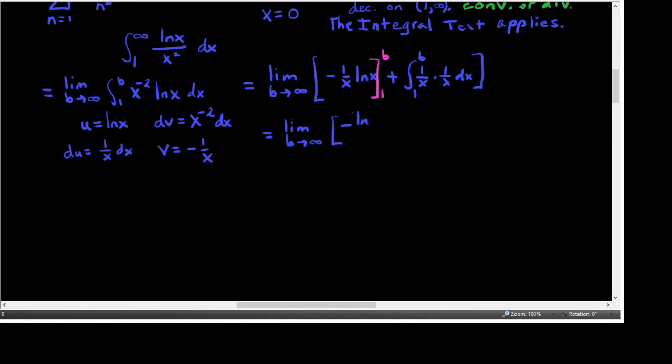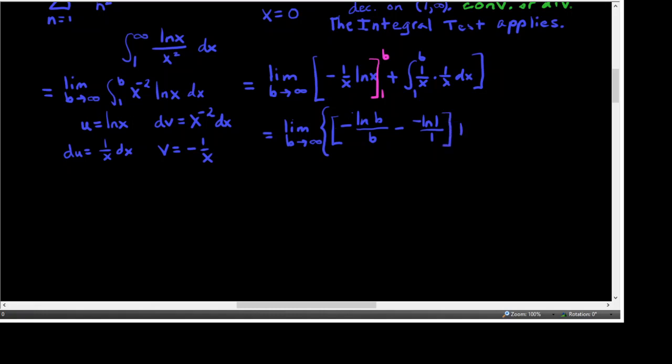So this is going to be negative natural log of b over b minus negative natural log of 1 over 1. So we're going to need another grouping symbol here.